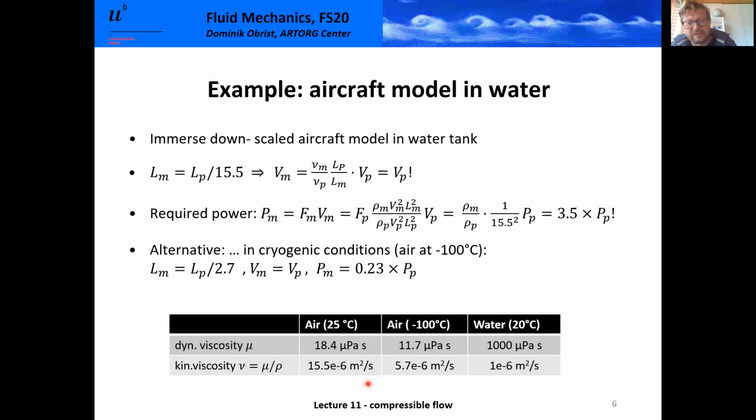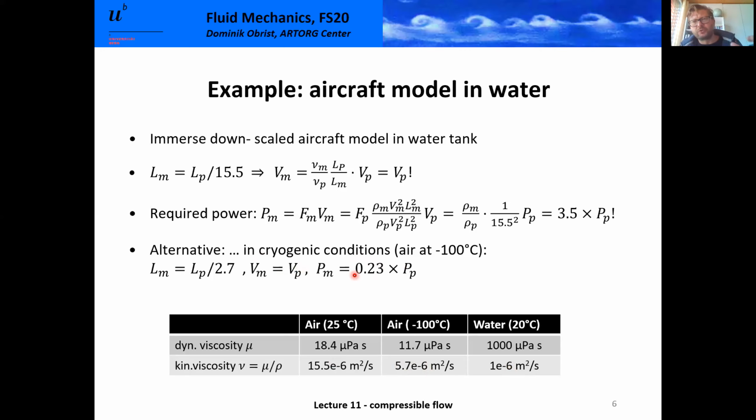The difference in viscosity is not as dramatic as the one for water, but still it's a factor of 2.7. So we can already downscale the model by a factor of 2.7 to maintain the velocity. And that's the nice part, we only need about 23% of the power of the original problem.